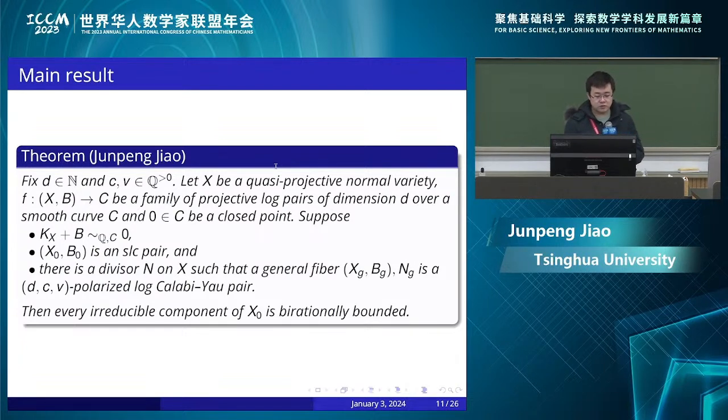Then every irreducible component of the central fiber is birationally bounded. Here we can see this divisor N is defined only on the generic fiber, and on the generic fiber it is assumed to be ample, but we have no positivity assumption on the central fiber. So the central fiber may not be a polarized log Calabi-Yau pair.